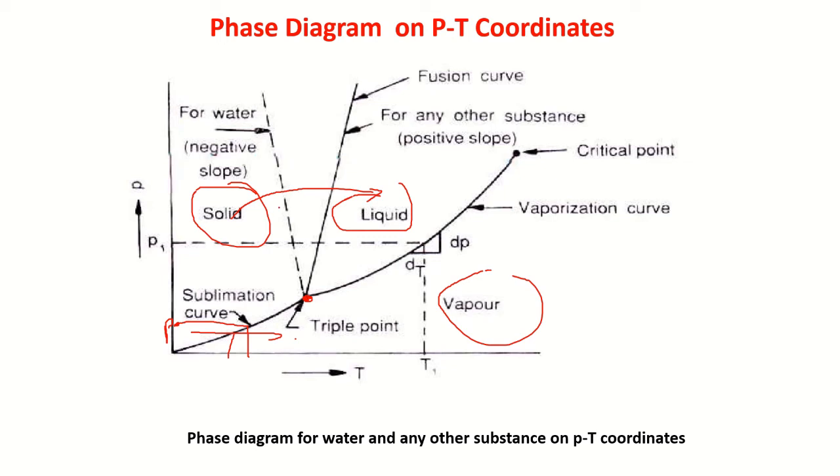Or keep one pressure and go on increasing the temperature, it will become liquid. Again, liquid to vapor, keeping the pressure constant, I keep on increasing the temperature, I can convert liquid into vapor. This is a state where liquid, solid and vapor, all three phases will be there, and this is around 0.01 degrees Celsius. This is what we call the triple point of water, where all three phases exist in equilibrium.